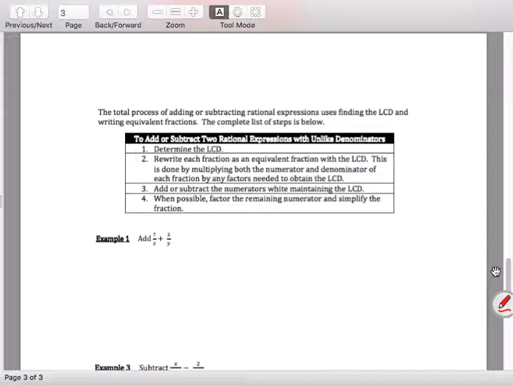The total process of adding or subtracting rational expressions uses finding the LCD and writing equivalent fractions. So, I want you to add a step 0 here. Make a step 0, factor each denominator.